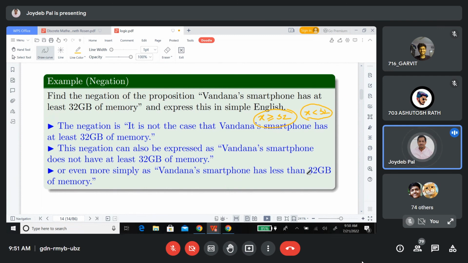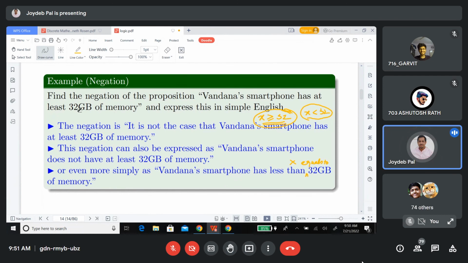But mistakenly, don't write less than or equal to. If you write equals to, it is wrong, right? Because in the given form equals to is included. x greater than or equal to 32.